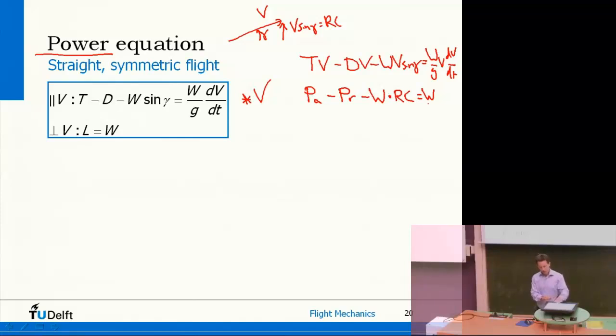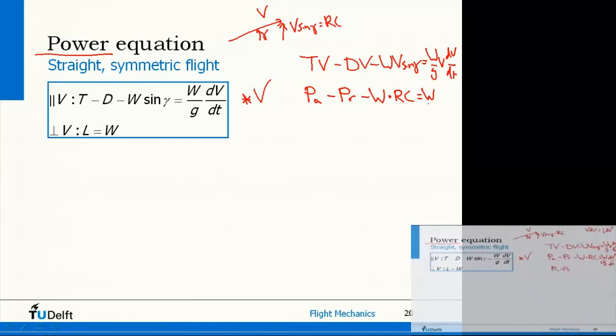So if you take this, you can also say, well, power available minus power required, and I'm dividing by weight now, is rate of climb plus 1 over 2g dv squared dt. So this is what I just said.